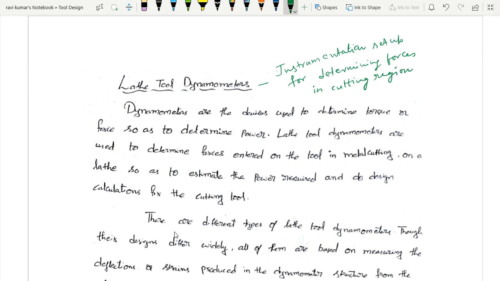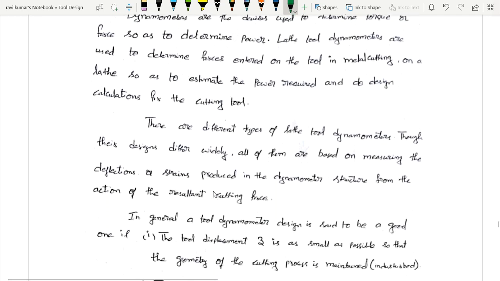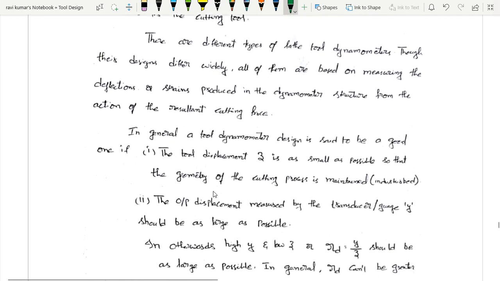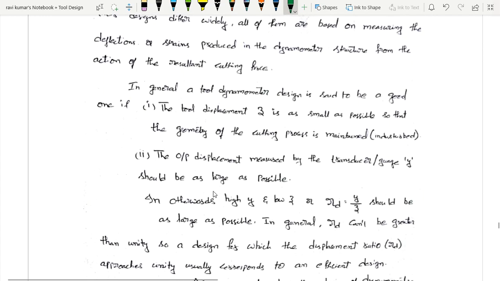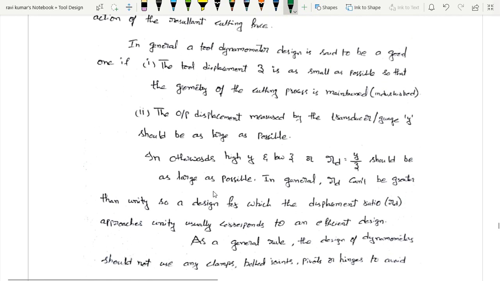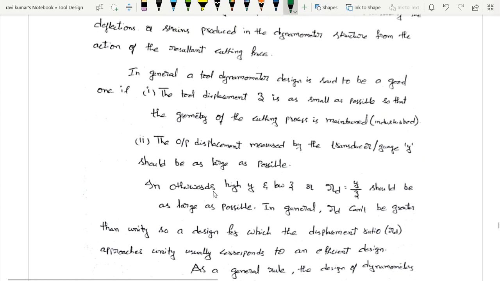Right? Next, when we talk about the instrumentation setup, first we have to understand what are the conditions this setup has to satisfy. So we should understand that the tool displacement by the dynamometer should be as small as possible. Tool displacement in the process of measurement should be as less as possible. But the output displacement sensed by this instrument or the transducer should be as large as possible.